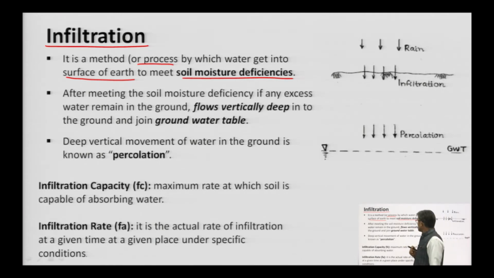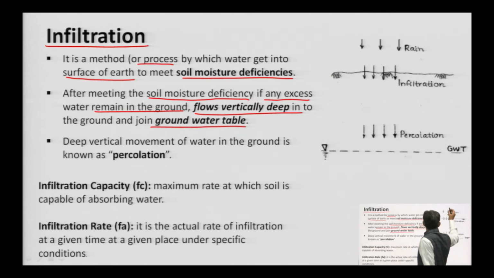Okay. To meet the soil moisture deficiencies. After meeting the soil moisture deficiency, if any excess water remains in the ground, it flows vertically deep into the ground and joins the groundwater table.